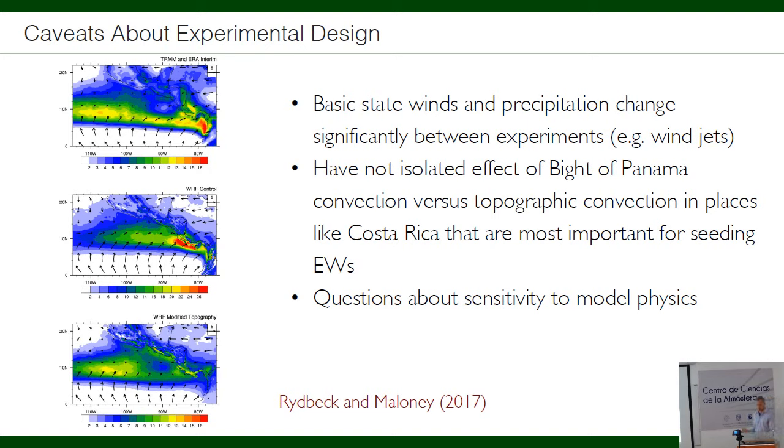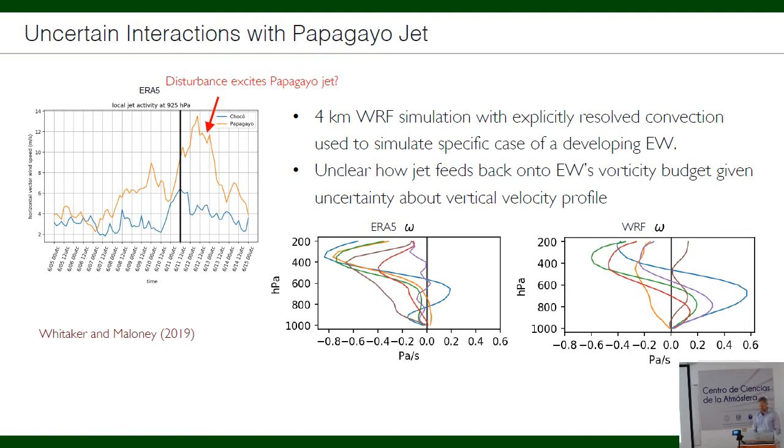And then the other thing that is really, really interesting to me in this region is that there seem to be interactions between the easterly waves and the Papagayo Jet, the jet that often flows through the gap in topography between Nicaragua and Costa Rica, that we really haven't wrapped our heads completely around yet.